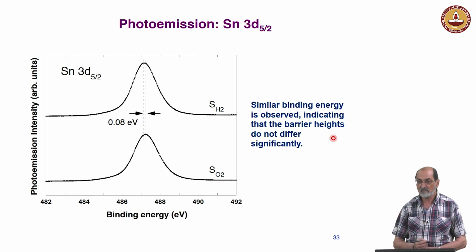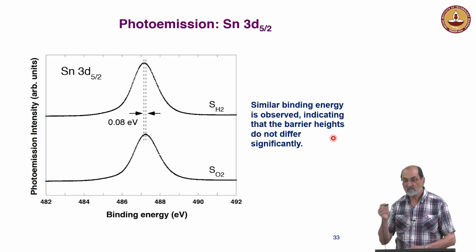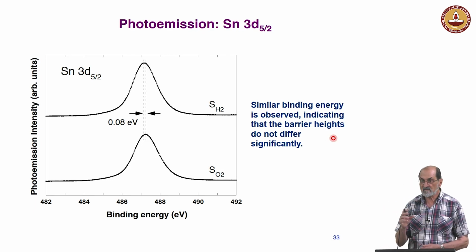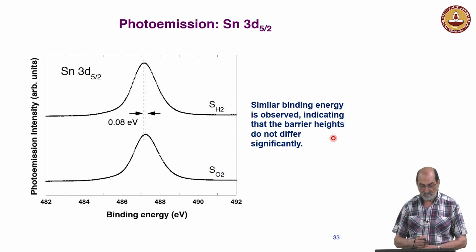If the band bending is about the same, the conductivity should be similar if we take a thermionic model. If the conductivity through the thermionic current and the barrier is the same in both samples, the conductivity should be the same. There is a small difference there, but it's not enough to justify the measurements.